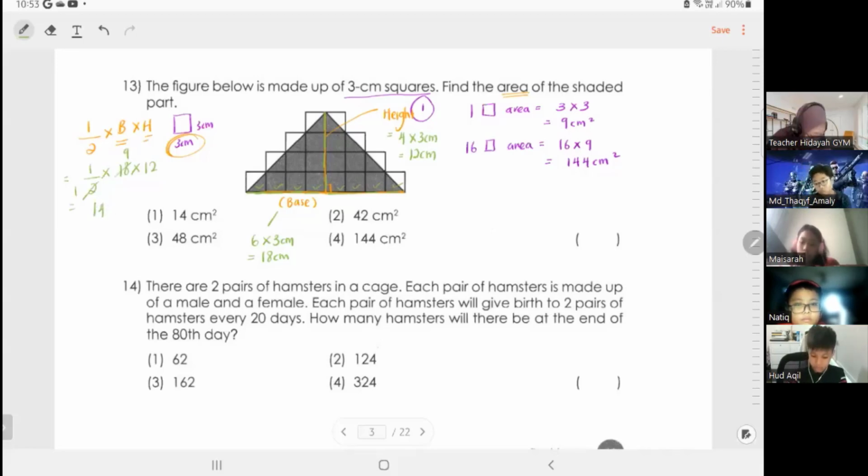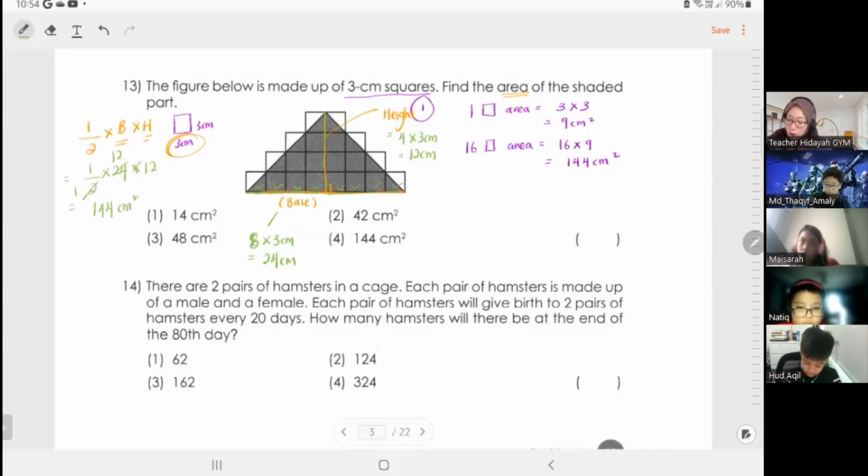Am I right? 8 times 3, 1, 2, 3, 4, 5, 6, 8. Why did I get 6? Sorry, wrong counting. 24 cm. So this will be half times 24 times 12. You cancel this one, and then you cancel this one, you get 144 cm squared.